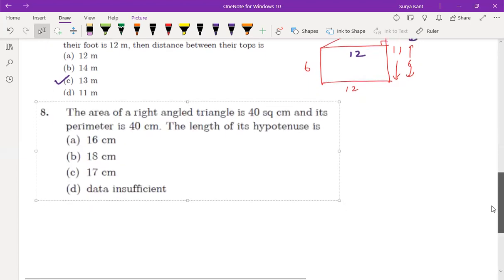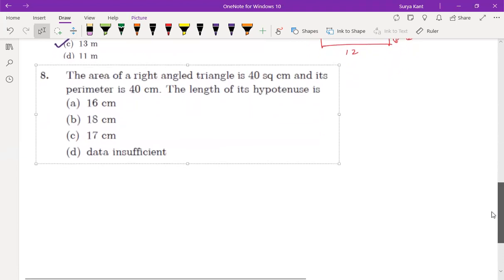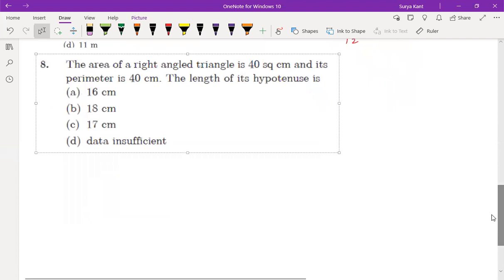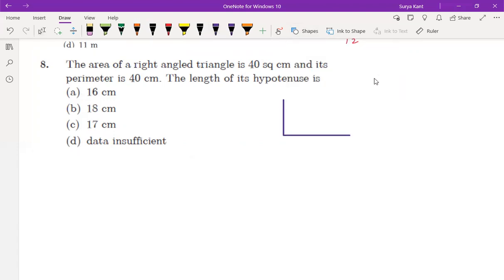The area of a right angle triangle is 40 square centimeters, and its perimeter is 40 centimeters. What is the length of the hypotenuse? The area is given, 40 square centimeters, and the perimeter is 40.